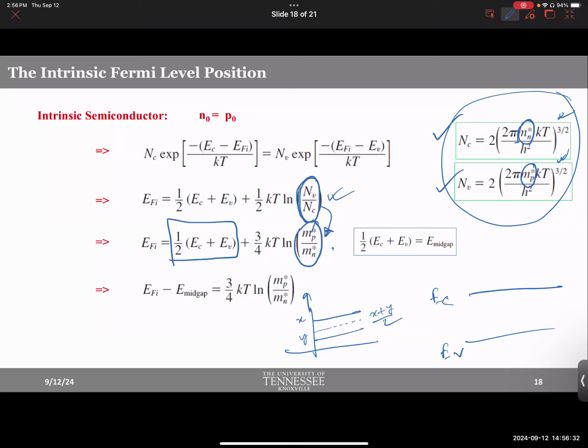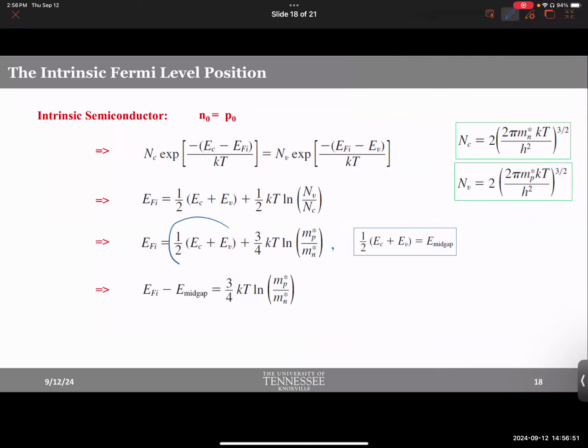Simple, just geometry. So if this is EC, this is EV, (EC plus EV) over 2 will be exactly the midpoint between these two levels. Okay, so I'm going to give it a name. I'm going to call it E mid-gap, the energy at mid-gap, exactly in the middle of the gap. So basically I'm going to replace this with the mid-gap energy.